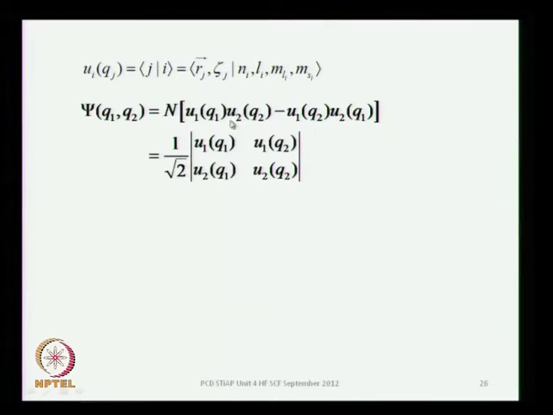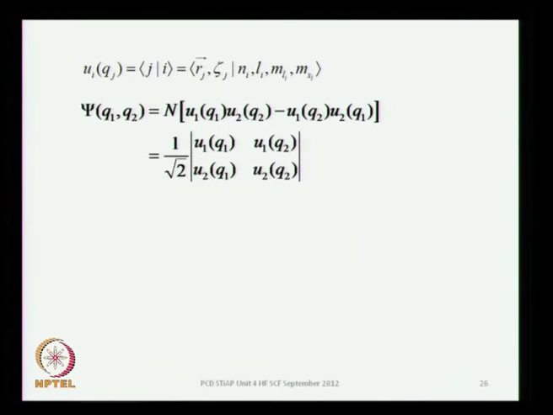You can write this easily as a determinant u1 q1 u2 q2 minus u1 q2 u2 q1, right. And if each of these 1 electron wave functions is normalized, then you can see very easily that you will have a normalization 1 over root 2. Okay.